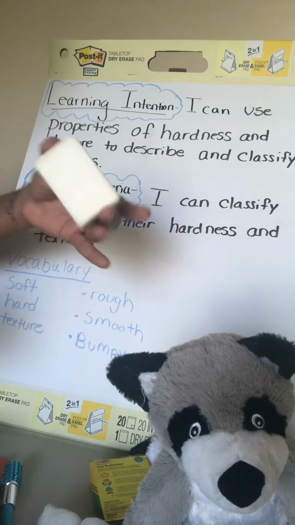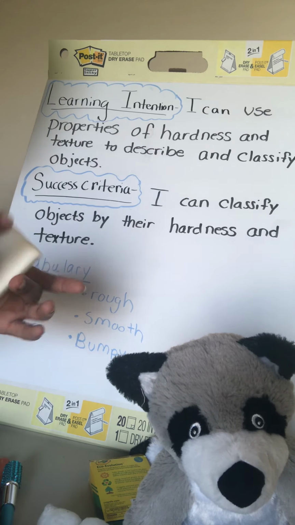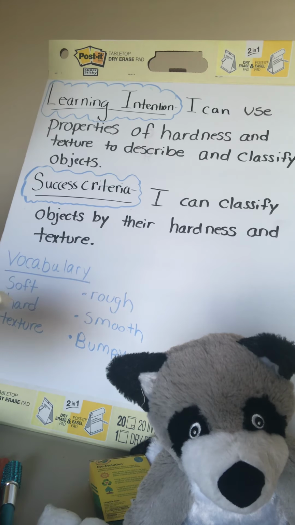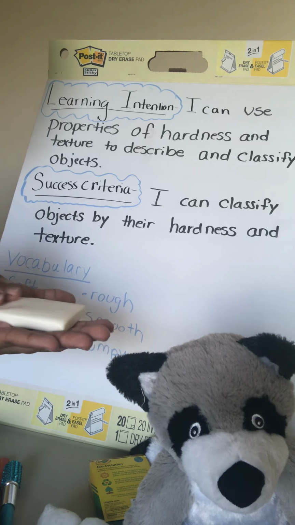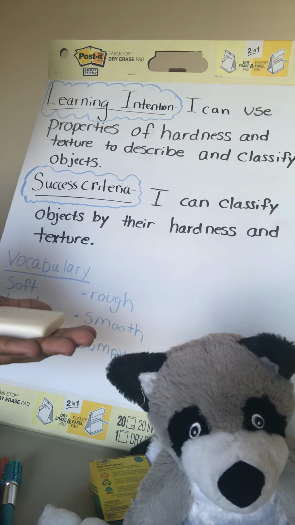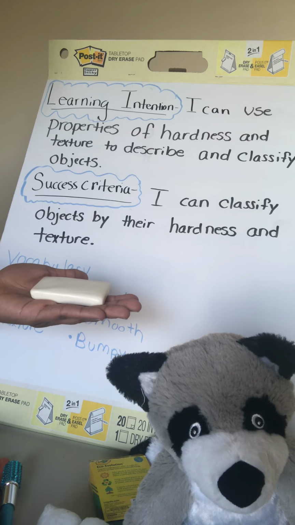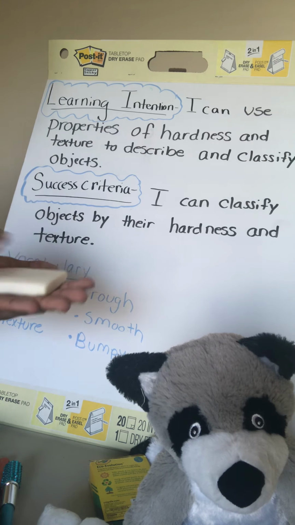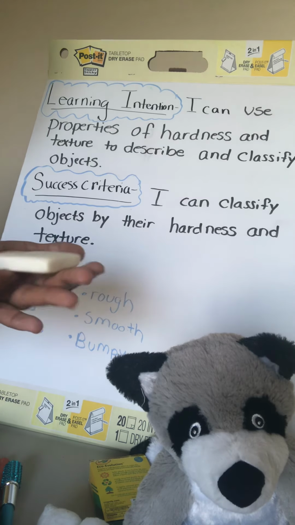Okay. I have some soap here. This soap can be classified in two categories. So, I'm going to feel the soap. What do you think it is? Rough, smooth, soft, hard, or bumpy? Correct. You are so correct. It is smooth. Now, see if you hear this.